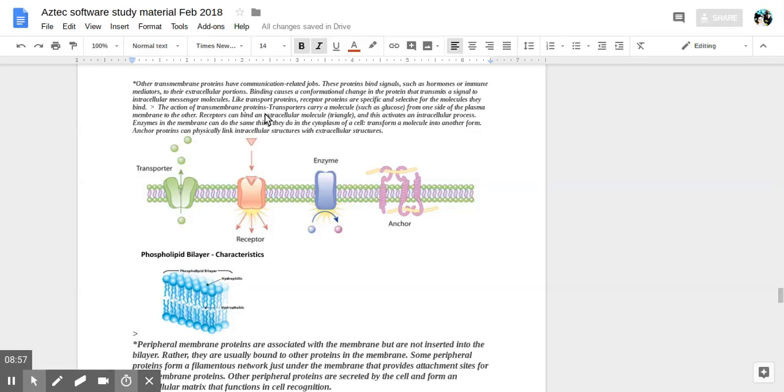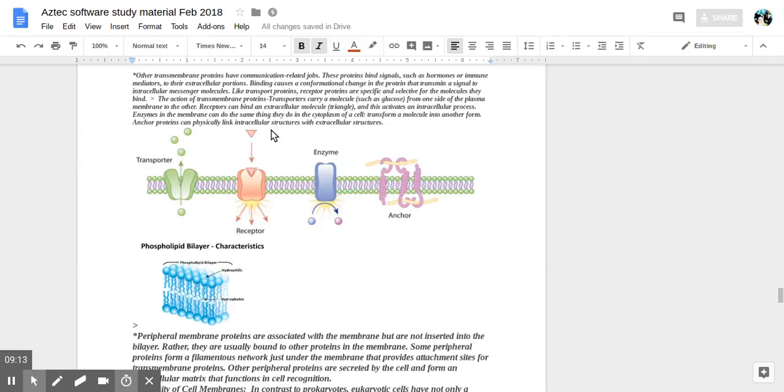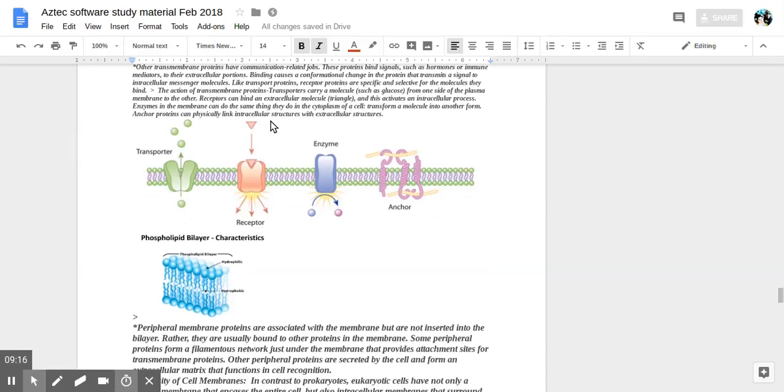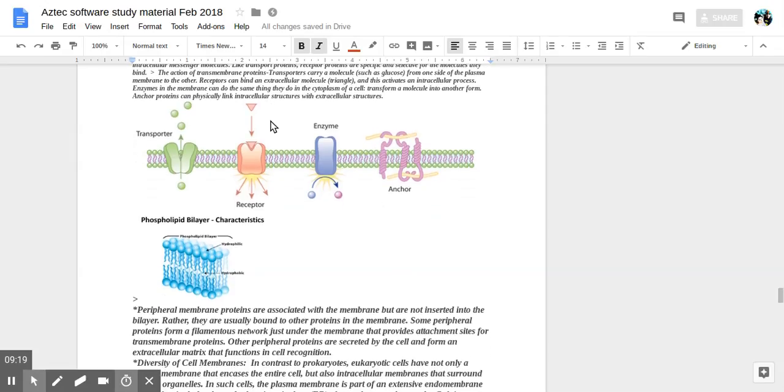There is the action of transmembrane proteins or transporters carrying molecules such as glucose from one side of the plasma membrane to another, or receptors binding extracellular molecules and activating intracellular processes. Enzymes also work this way, transforming molecules into other forms.